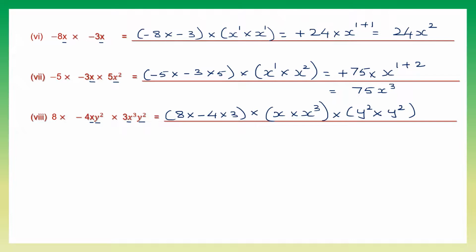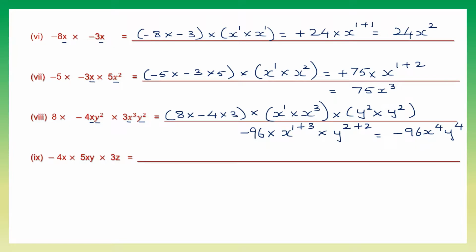First the sign will be minus. 8 4s are 32. 32 into 3. 3 2s are 6. 3 3s are 9. So the number is minus 96. Minus 96 into x to the power of 1 plus 3 into y to the power of 2 plus 2. So what do we get? Minus 96. x to the power of 1 plus 3 is 4. y to the power of 2 plus 2 is 4.